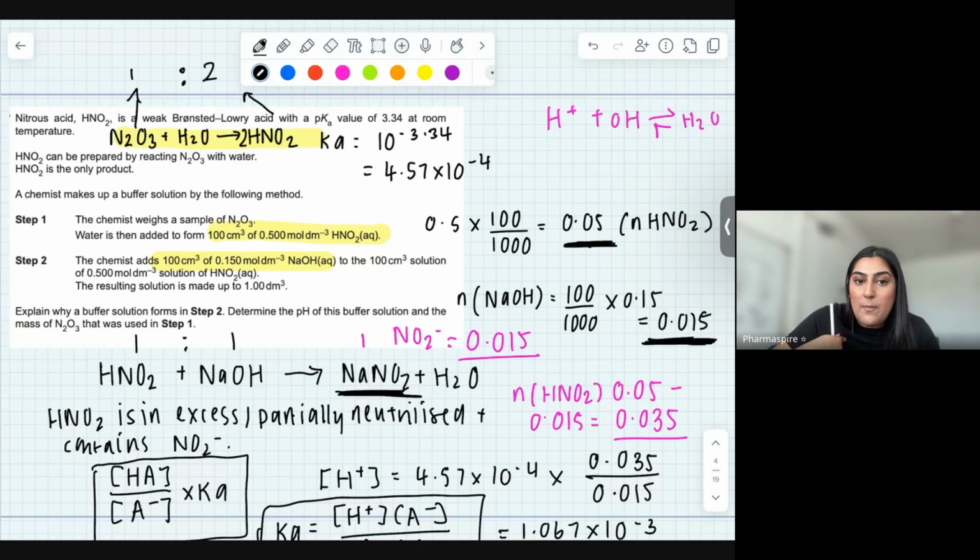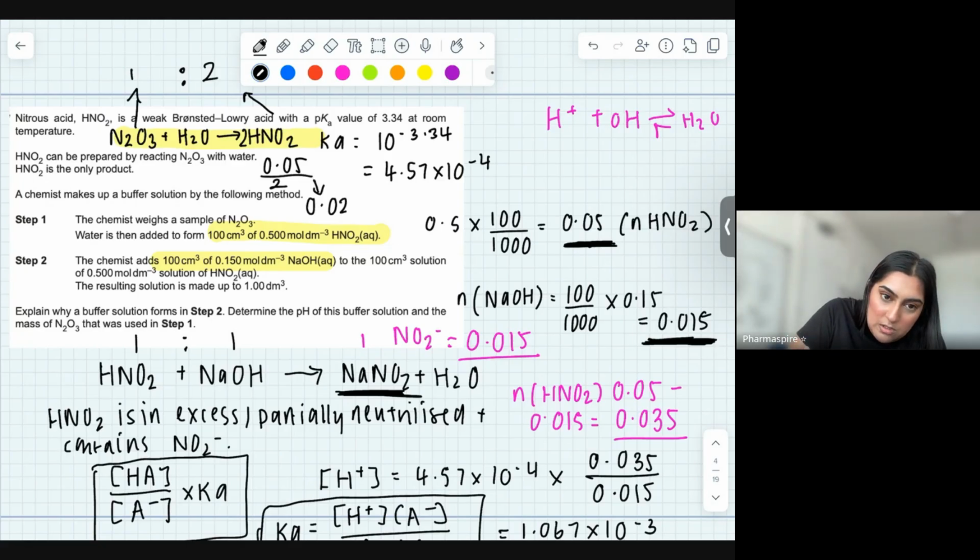So if we know the moles of HNO2, then we can basically divide it by 2 to get the moles of N2O3, okay? So we had 0.05 divided by 2. That will give us the moles for N2O3, so that is 0.025.